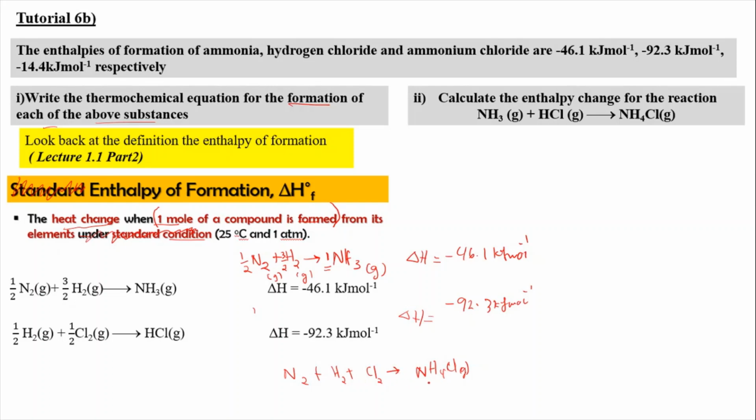So nitrogen need to be 1, so we can do 1/2 here so that we can get 1. Chlorine also need 1, so 1/2 here. And hydrogen needs 4, but we got 2 here, so we can put 2 mole here. Okay, and don't forget the phase because the phase is compulsory. And the thermochemical equation needs to have the ΔH, which is negative 14.4 kilojoule per mole up here.